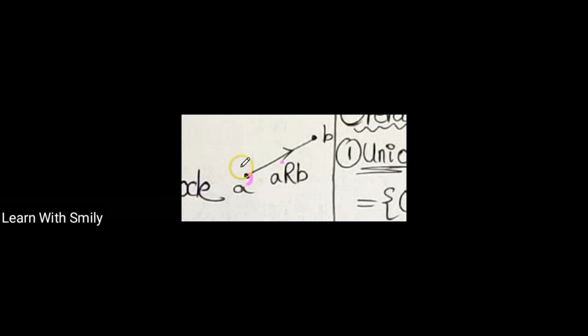Let me show you. Here this is a node. These A and B are representing the nodes, and this line with the arrow is called an edge. Next, if all the nodes corresponding to the ordered pairs in R are connected by arcs with proper arrows, then we get a graph of the relation R.